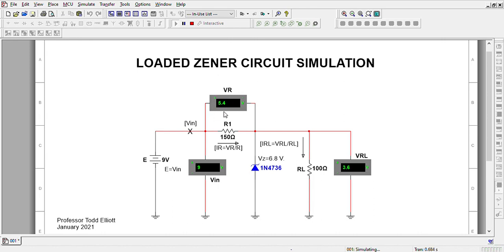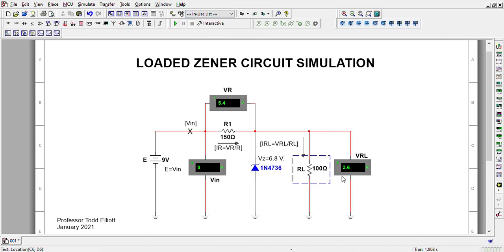Because this is basically a series circuit, I mean these two are in parallel, but this voltage here plus this voltage here must always equal 9. So as we decrease that resistance, this current increases, this voltage goes down, this voltage goes up.